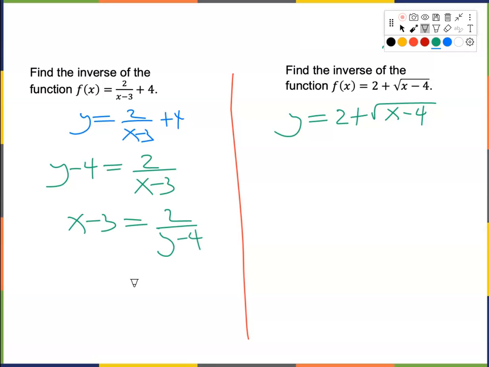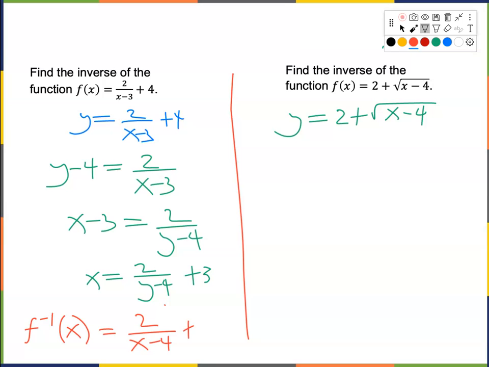And then add 3 to both sides. Plus 3. And to get the inverse, f inverse of x, you just have to switch x and y. So this is going to be 2 over x minus 4 plus 3.